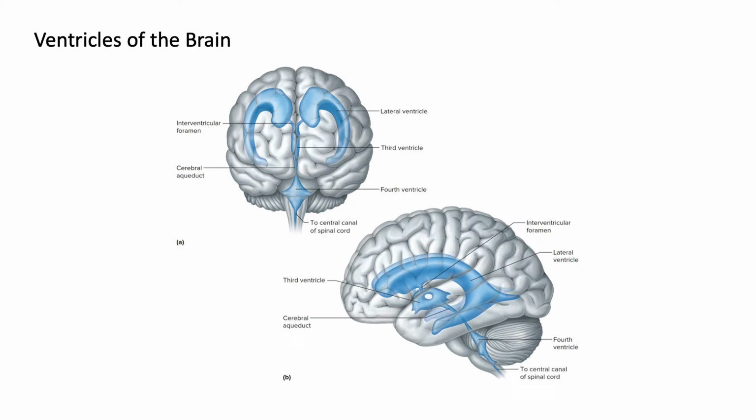In the brain, there are also cavities which are connected to each other. These cavities are filled with a fluid called cerebrospinal fluid. Cerebrospinal fluid is made by ependymal cells. In the brain, these ependymal cells come together and create a larger structure called the choroid plexus.